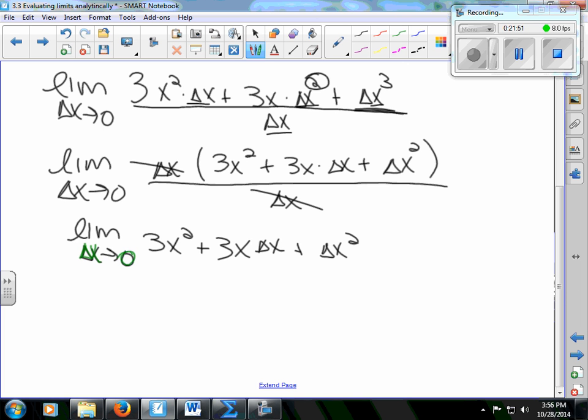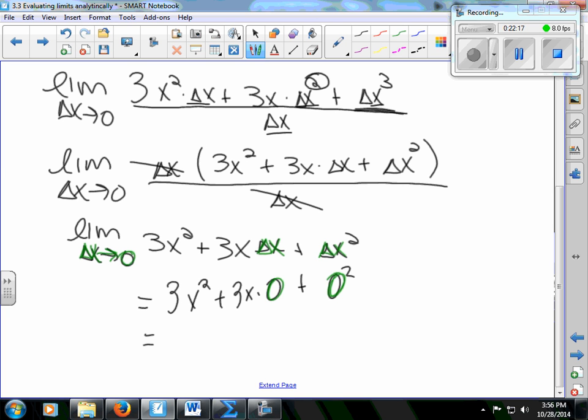The delta x is the one who is approaching 0. So these green delta x's I'm going to replace with 0. And I get the answer 3x squared plus 3x times 0 plus 0 squared. The delta x's I replaced with 0. x, he's just hanging out this whole time.